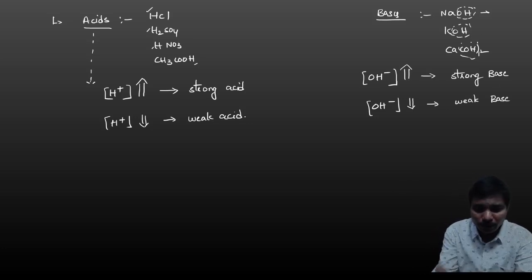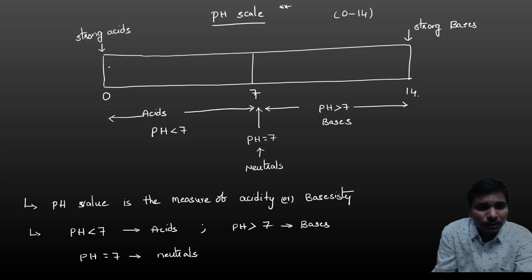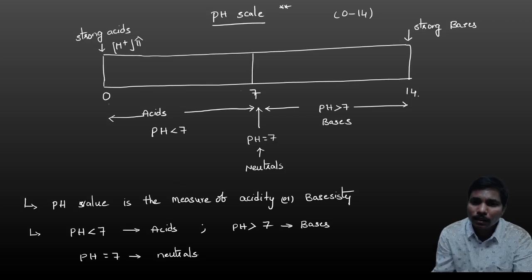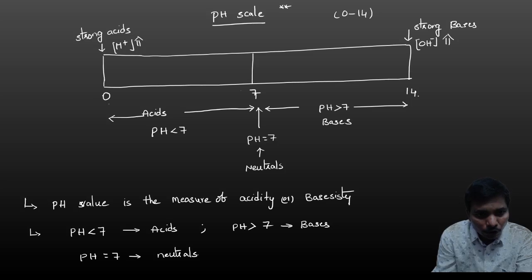So from this, what we can say: strong acid means more hydrogen ion concentration. H plus ion concentration is more here. Here, strong base means OH minus ion concentration is more. So at 0, H plus ion concentration is more.